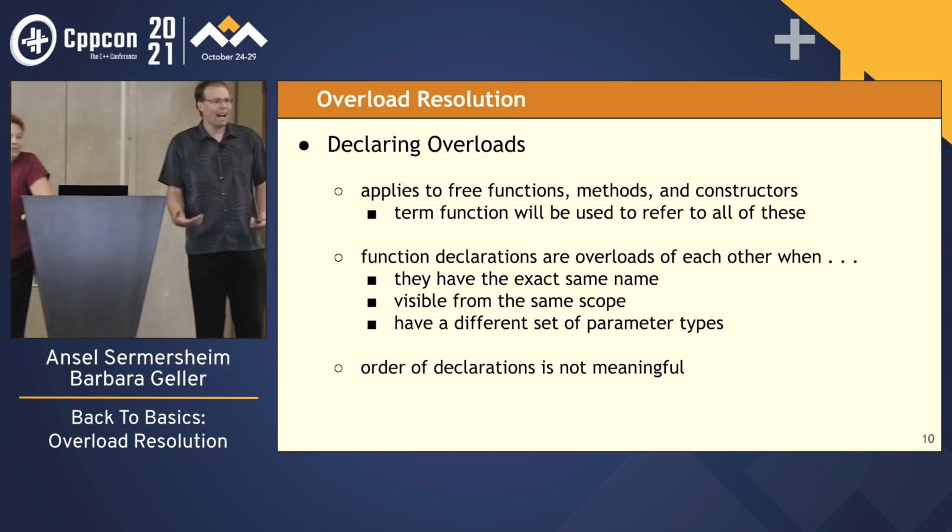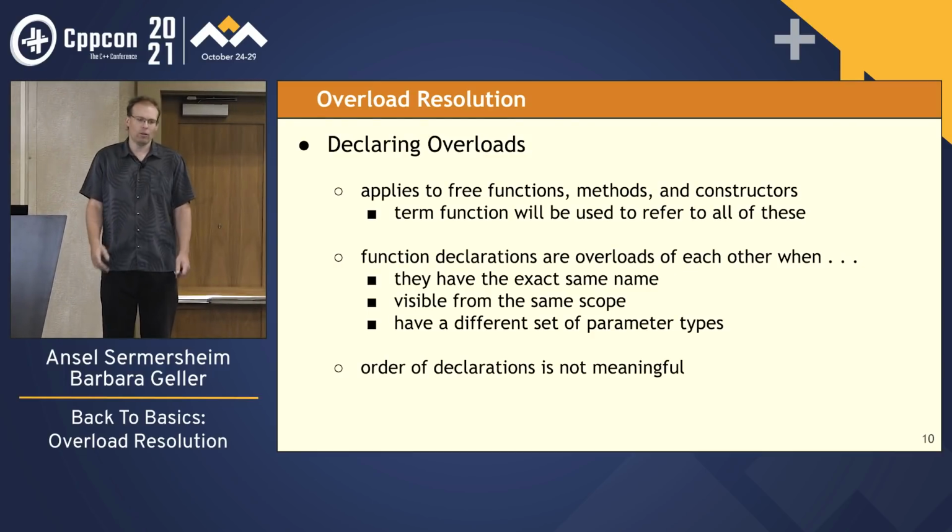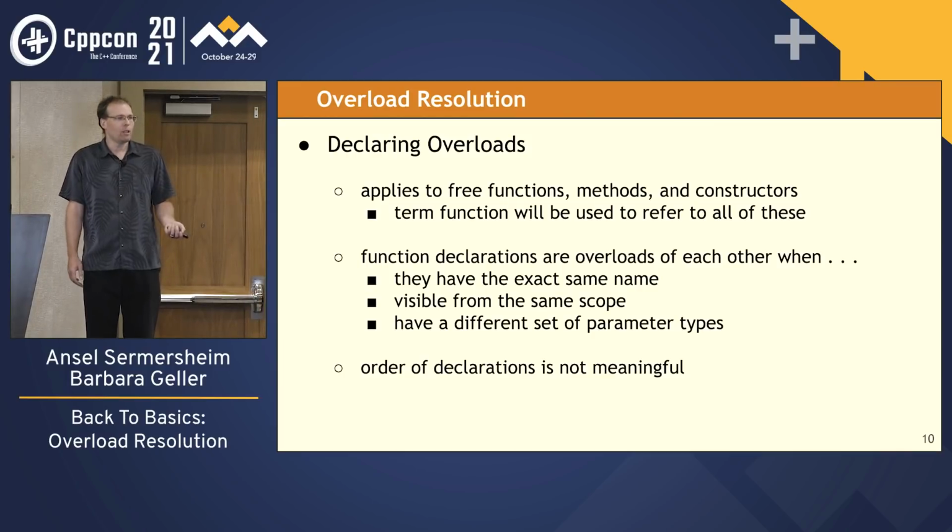So how do we actually declare overloads? Well, as I mentioned, it applies to free functions, methods, and constructors. We're going to refer to all of these as functions. Two function declarations are overloads of each other when they have the exact same name, they're visible from the same scope, they have a different set of parameter types, so you can think of this as having a different signature.